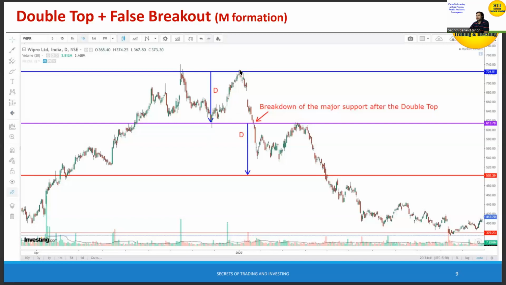Okay, so suppose you have maybe 10 stocks or 100 stocks. Whenever the first D is achieved, you may plan or choose to sell 50% of your stock. For the remaining 50%, you can wait for some more days. Because sometimes at this level, it may take a couple of days up and down, and it will go up from here or it will again break down at this price point.